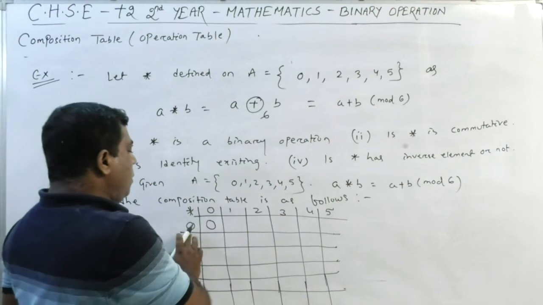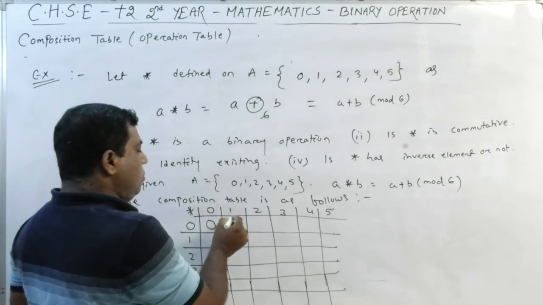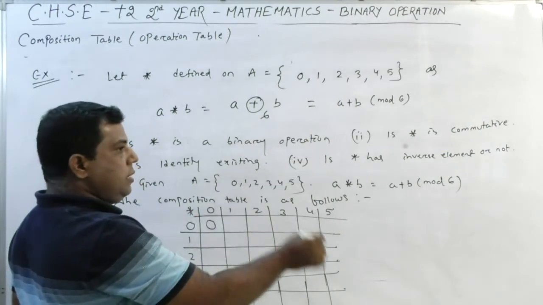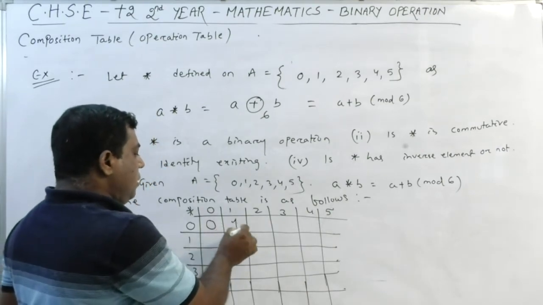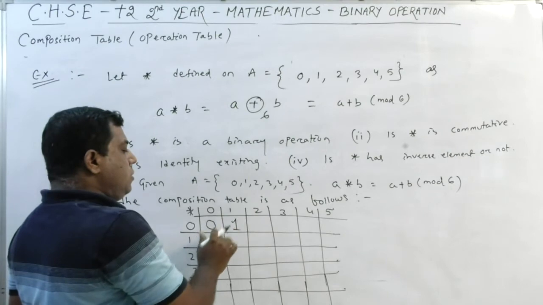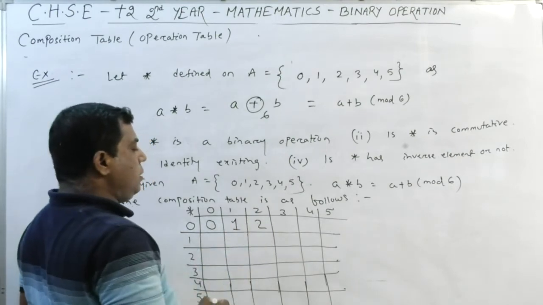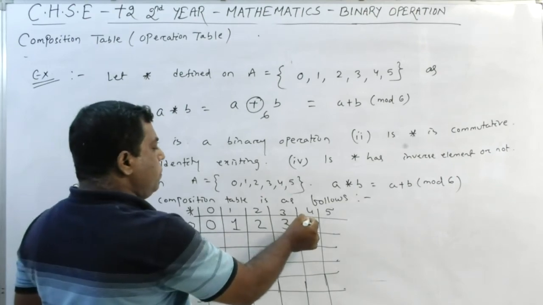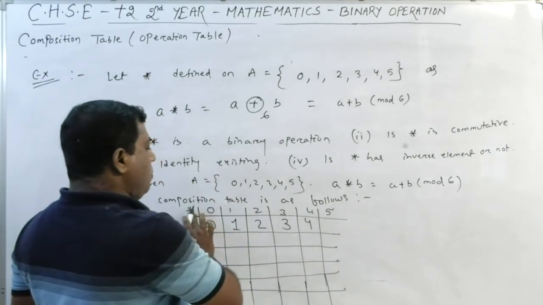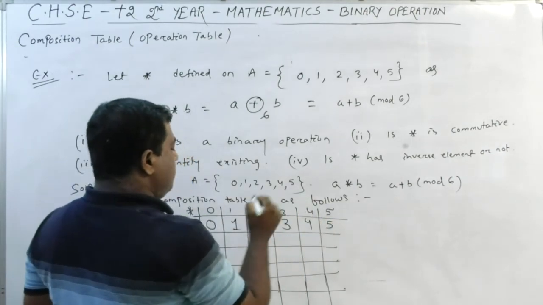Next, 0 plus 1 is equal to 1. 1 modulo 6, when 1 is divided by 6, the remainder is 1. Similarly, 0 operation 2 gives 2, 0 plus 3 gives 3, 0 plus 4 gives 4, 0 operation 5 gives 5.